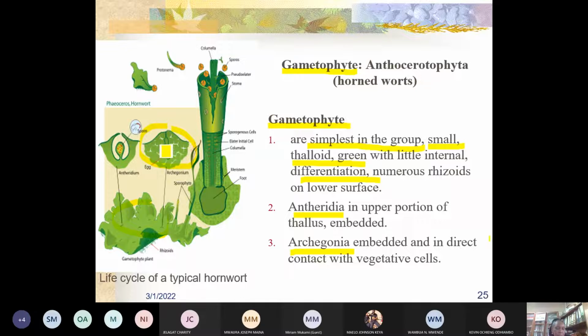If you look at this picture, you can see this is in the upper portion, that's the antheridia, while the female tends to be a bit deeper, it's well embedded, and in direct contact with the vegetative cells. So the positioning is deeper within the thallus of the gametophyte.